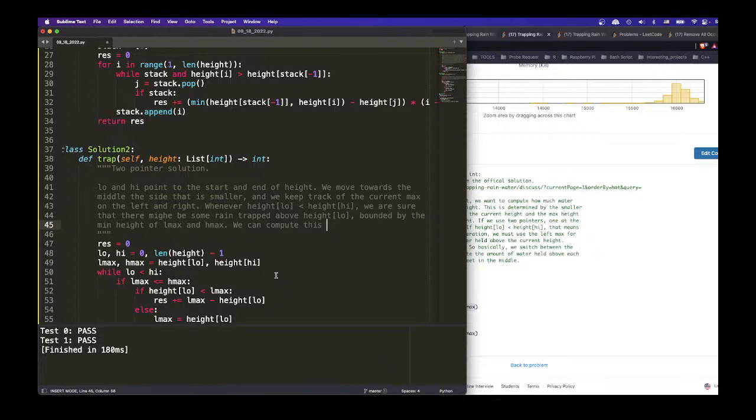Why am I sure the left max is also smaller than right max? That's the problem I have.